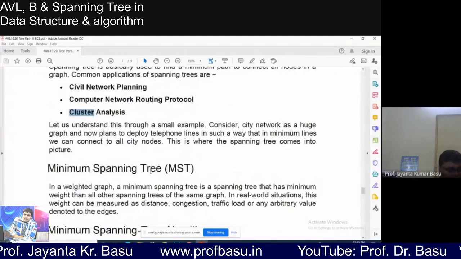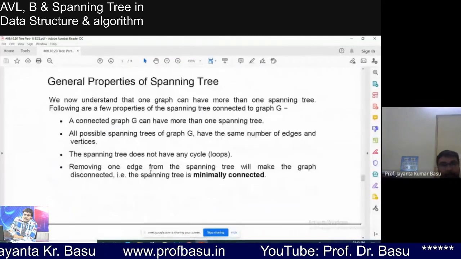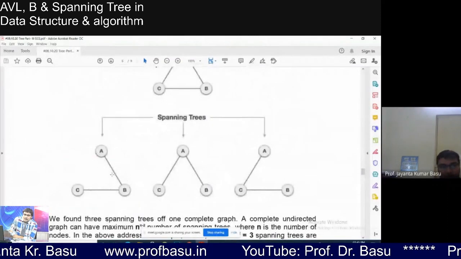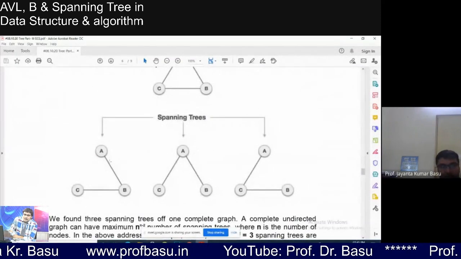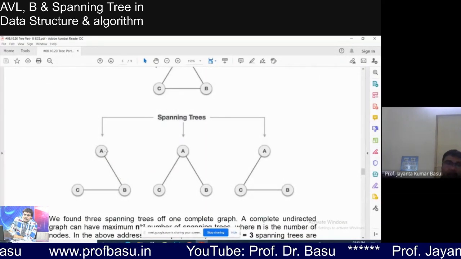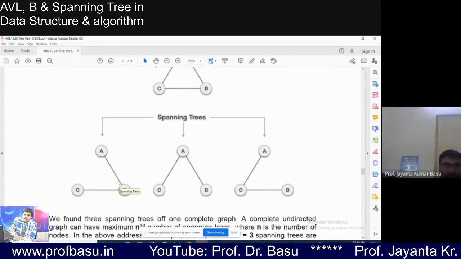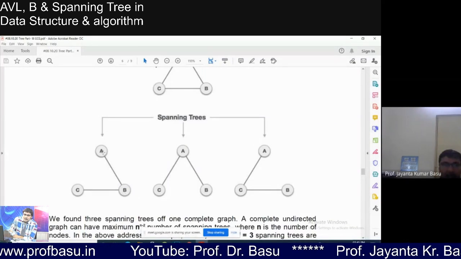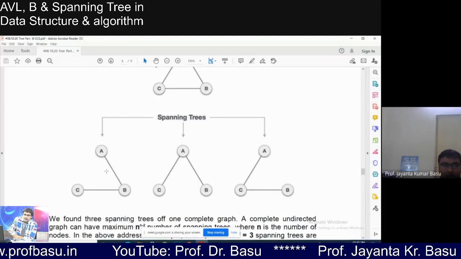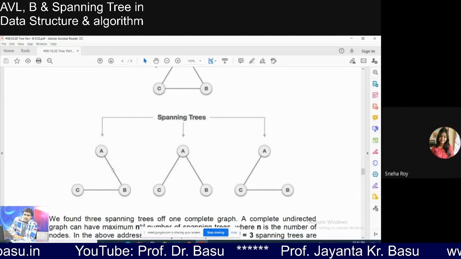Minimum spanning tree is only valid for a weighted graph. Weighted graph means each and every path must be assigned a weight. Let's say you may consider this as distance, right? All the nodes will not be connected at the same distance. So each path is assigned a value.